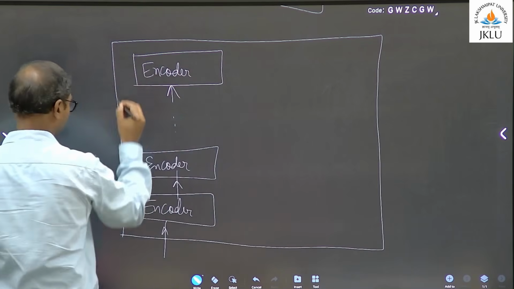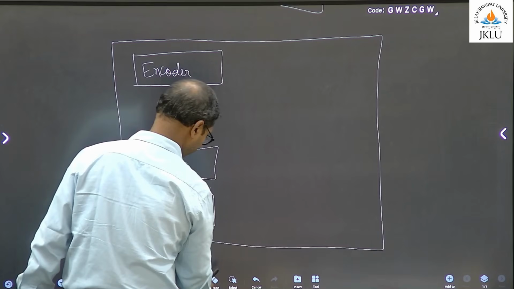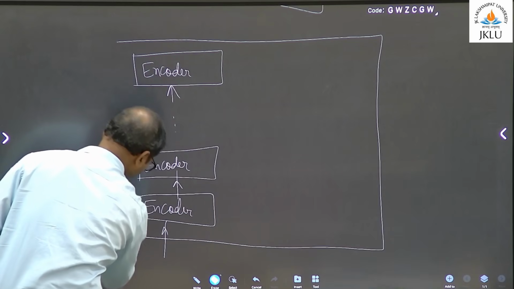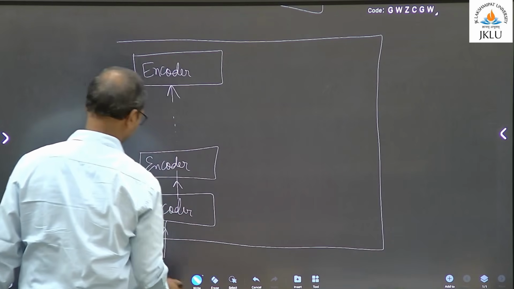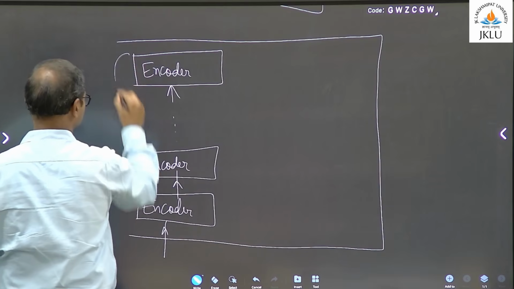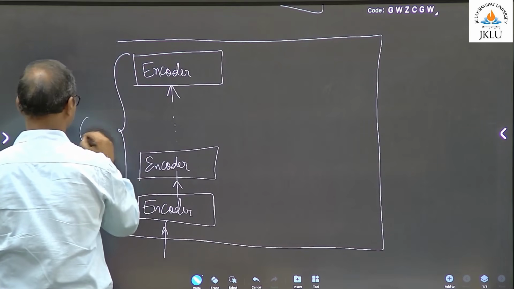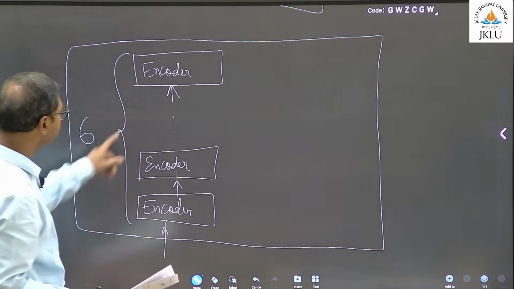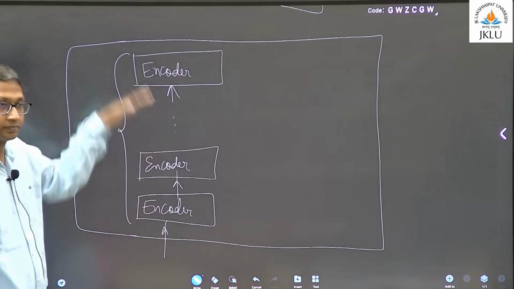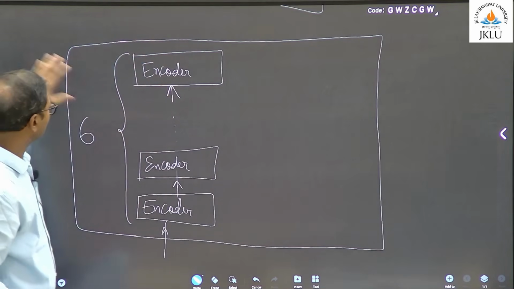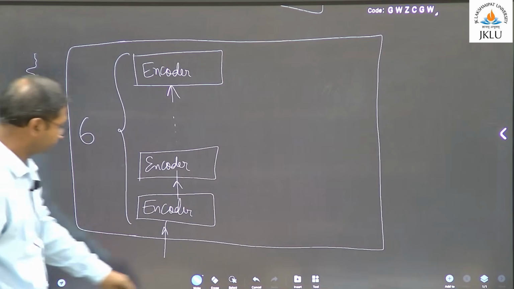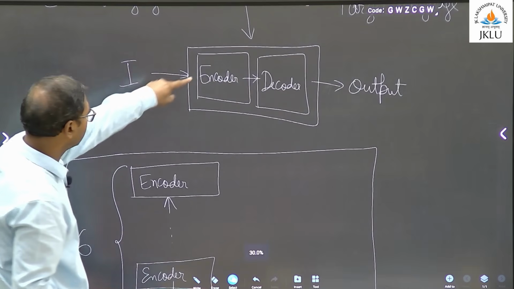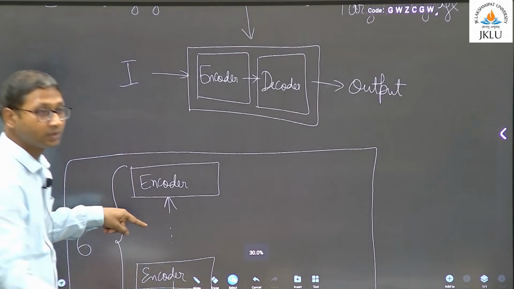Okay, so you have 6 such encoders. Okay, that one encoder is now 6.